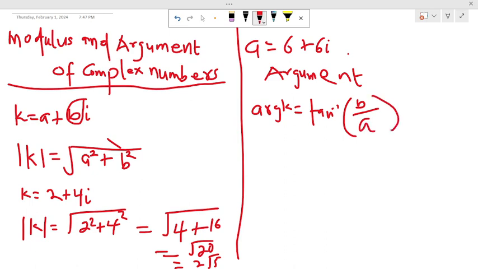I'm going to show you a simple way of solving a question with this type of formula, so that you don't get confused with the use of maybe a negative sign or a positive sign. So let's take two examples on finding the argument. Say j is equal to negative 2 plus 4i.